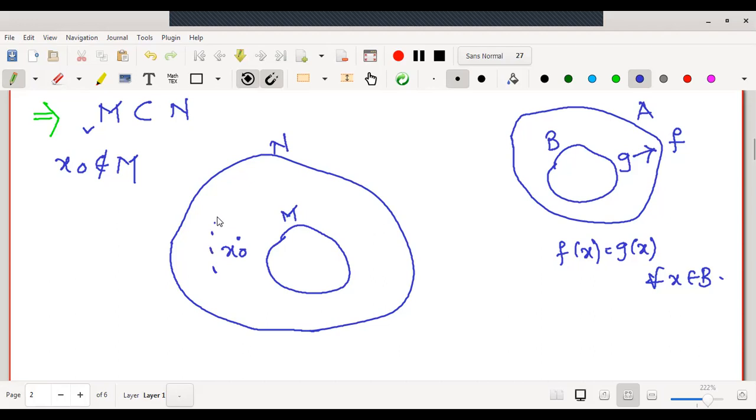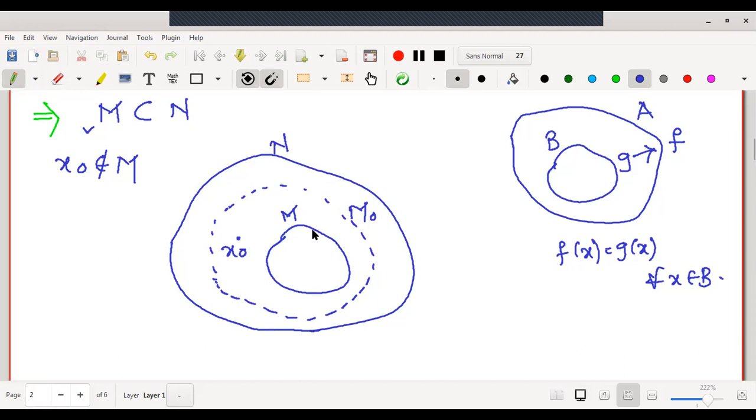Let me denote it somewhere here as M naught. Surely M will be a subspace of M naught.